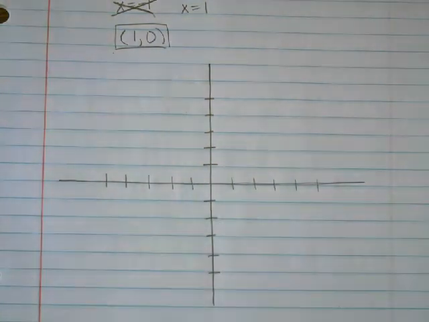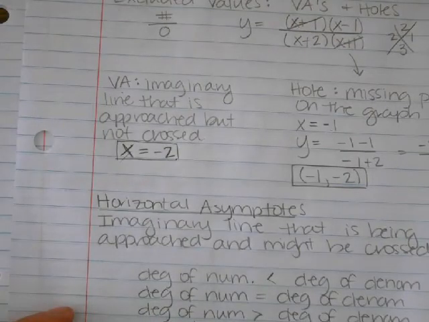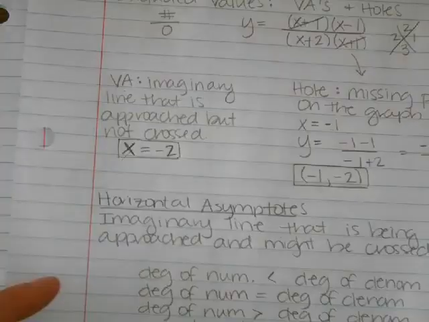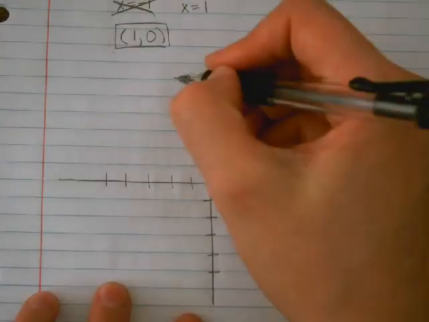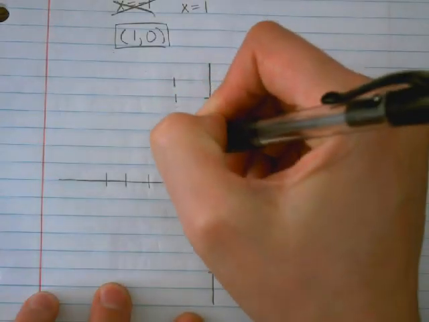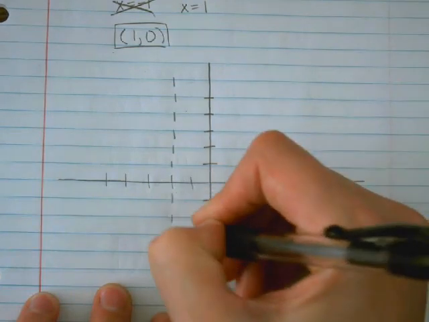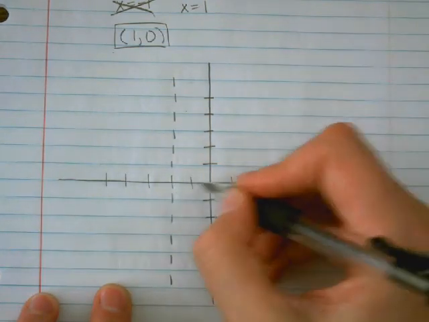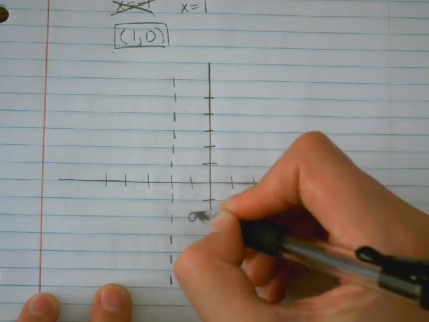So if I look back at my notes, I know that I have a vertical asymptote at x equals -2 and a hole at (-1, -2). So here's our vertical asymptote. And then at the point (-1, -2), we're going to have a hole in the graph.